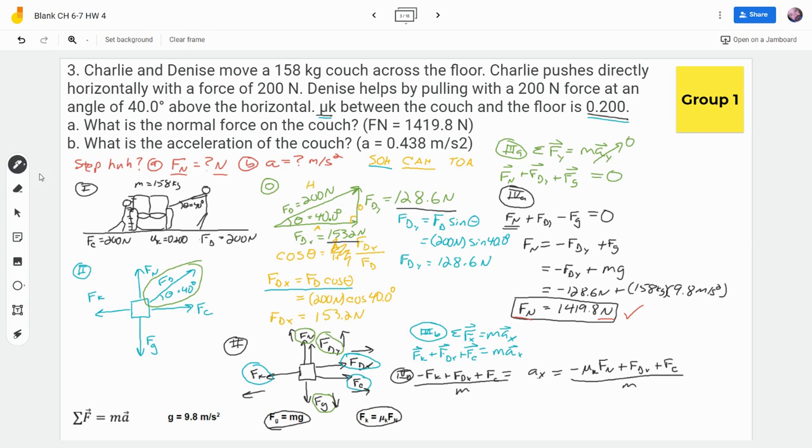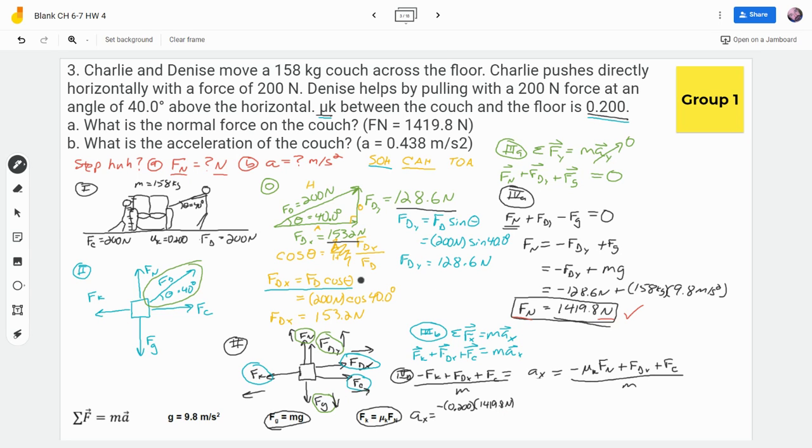All right, so now we've got to put in the numbers. And that's going to give us, hopefully I can fit this all in, a sub x is equal to minus mu sub k, which is 0.200, so decimal point right there, times f sub n. Well, that's this number, 1419.8 newtons, plus f sub dx.